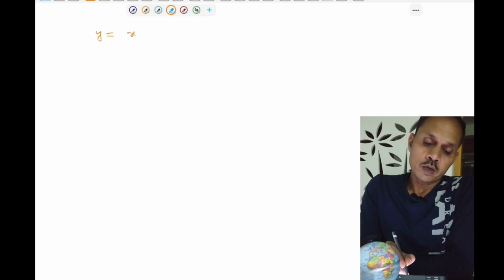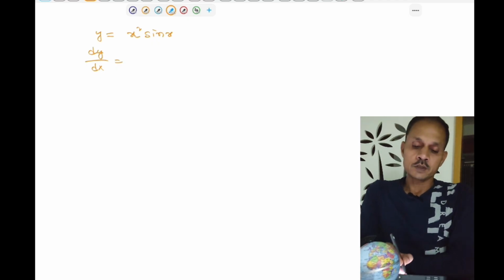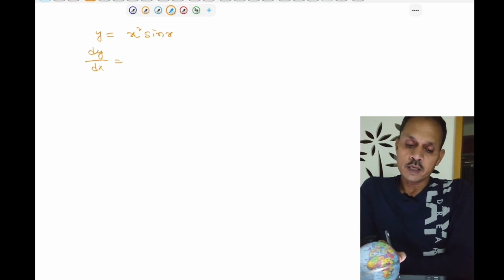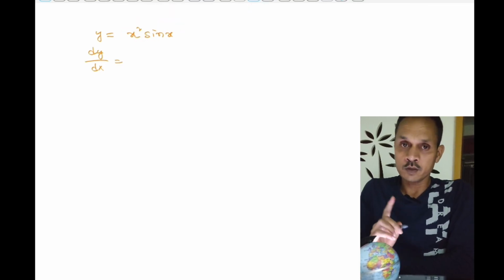Assume that y is equal to x square sin x. Then dy by dx is equal to, how do we write? Dy by dx is d by dx of this entire thing. Here we have multiplication of two functions, one is x square, other is sin x.